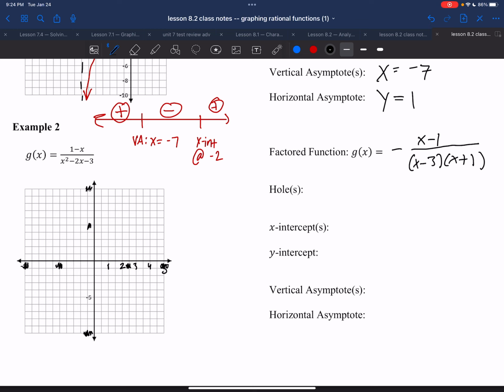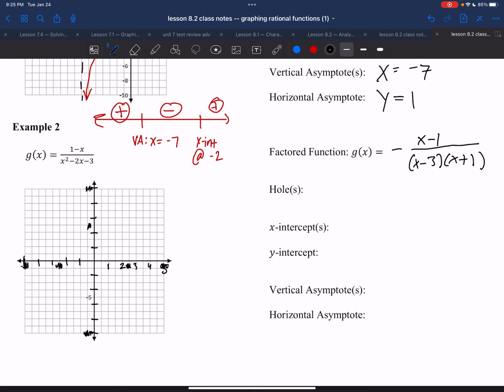I apologize. Okay, so let's graph this. I'm doing this real time. 1, 2, 3, 4, 5, and then 1, 2, 3, 4, 5. Okay, I'm done. Thank you for your patience.